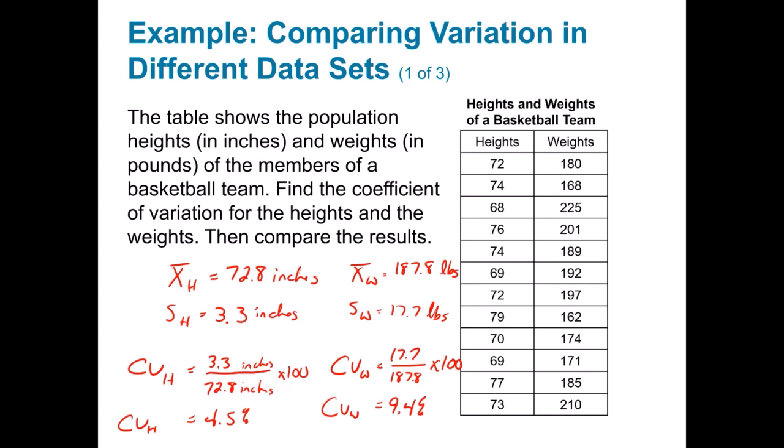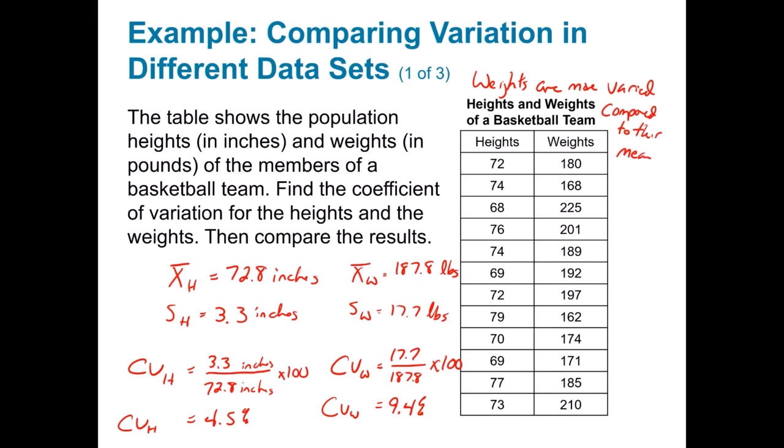So in this case, we can say without a doubt which one is more spread out relative to its mean. Which one? The weights. So in this case, weights are more varied, or they have more spread. It makes sense to say that now.